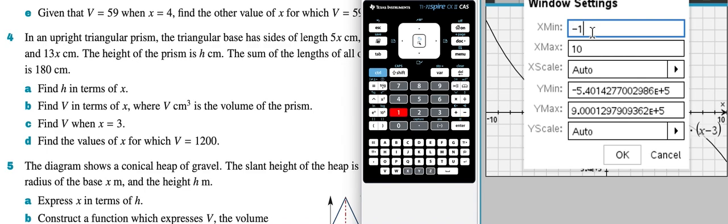Again, I don't want anything below 0, so I know it can't be anything below 0. My other x-intercept is at 3, so I might as well just put 5. If I'm going to graph this, I know I don't want any negative numbers, so I'll just make it -1. They've put on there 10,000, so what I might do is, I think maybe 3,000 might be enough.